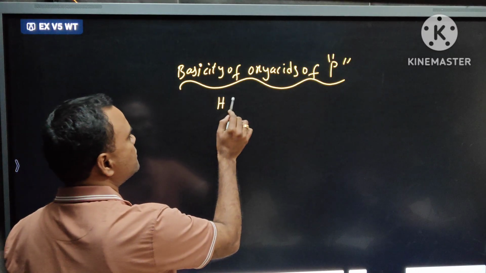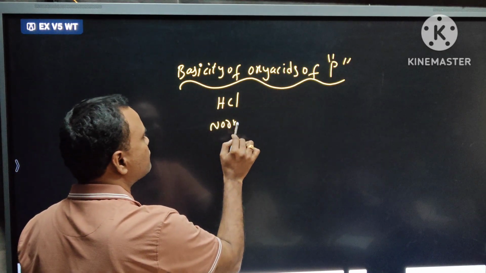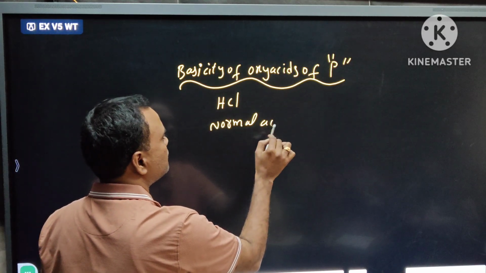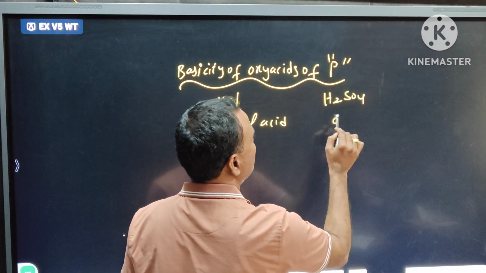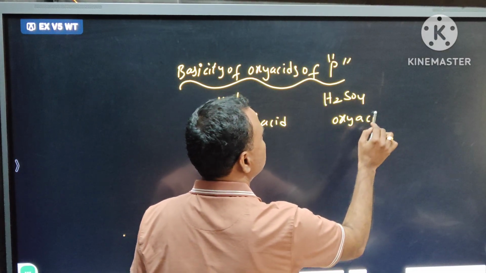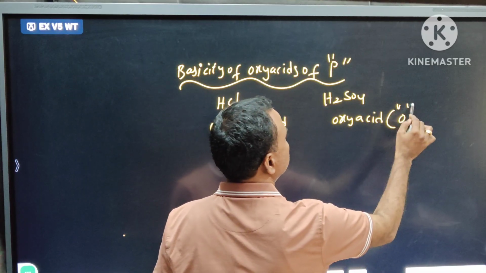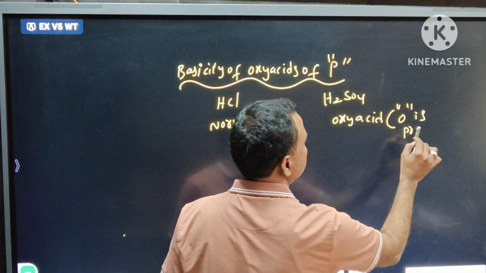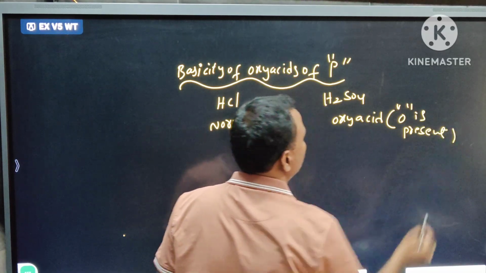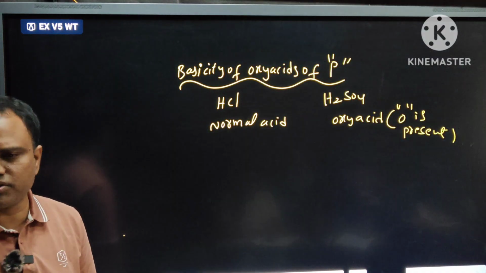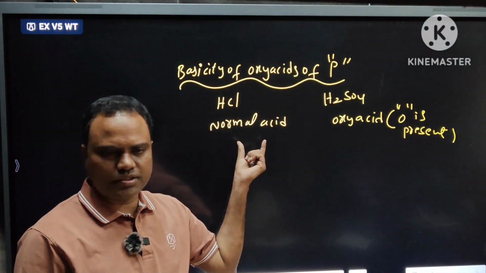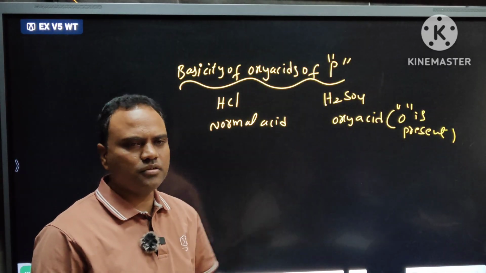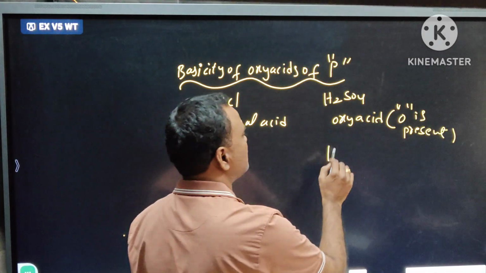See, HCl is a normal acid without oxygen. If oxygen is present in the acid, that is called an oxyacid. Oxyacid, because oxygen is present. Acid with oxygen is called oxyacid. This is not an oxyacid. Oxyacid of which element? Sulfur.